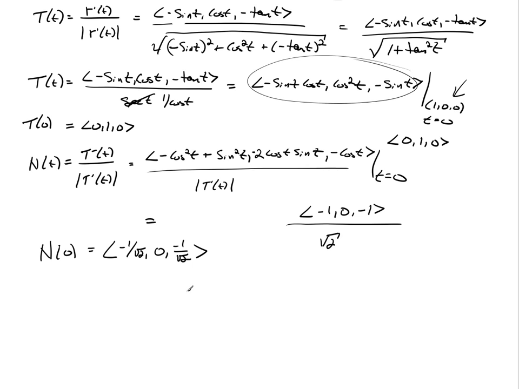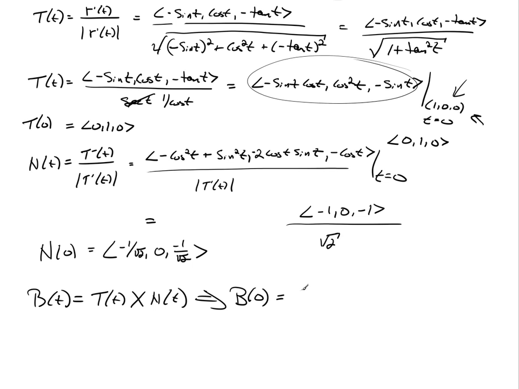The last thing I need is the binormal vector. B of t equals T of t cross N of t. That means B of 0, which corresponds to this point once again, is going to be equal to, let's see, where's that vector?